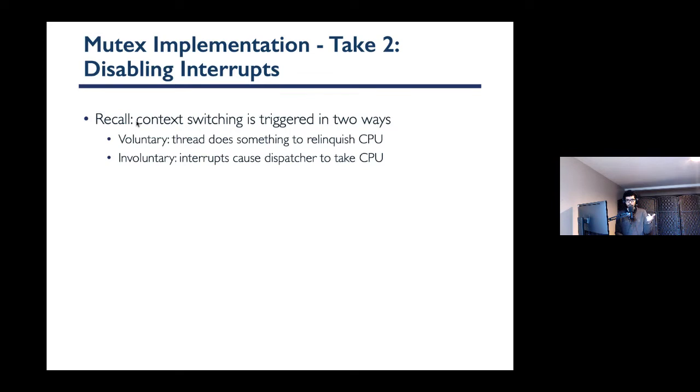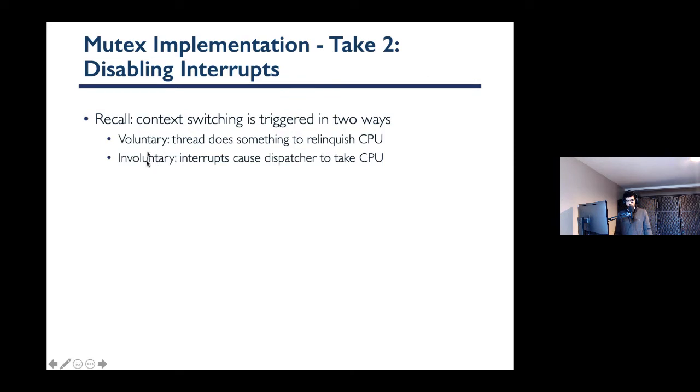In the voluntary context switching, thread A yields the processor, says I'm done, I don't want to use the processor anymore. In the involuntary way, an interrupt happens, and the context switching then happens after that. So if I want to have mutual exclusion, meaning that I want A to run something without being kicked out and another thread coming in, I can just prevent both of these two.